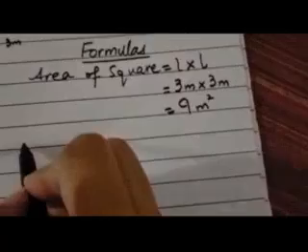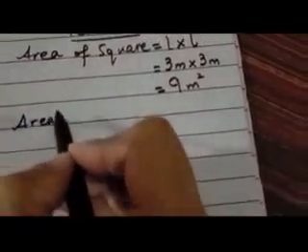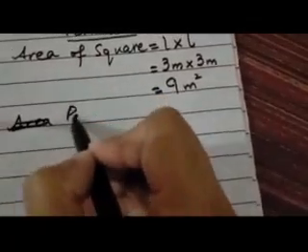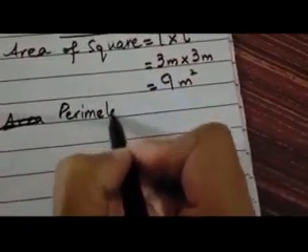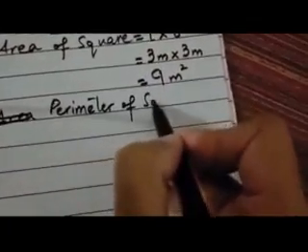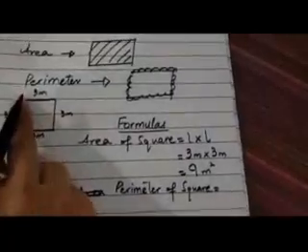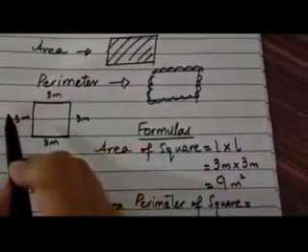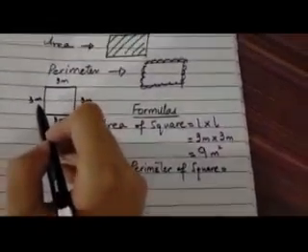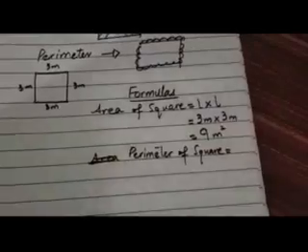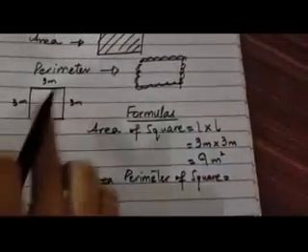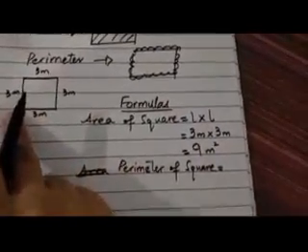Okay, now the perimeter of a square. The perimeter is actually the boundary of the square. If you add all of these sides, you will get your perimeter of the square. There are 4 sides, and each side has the same length.